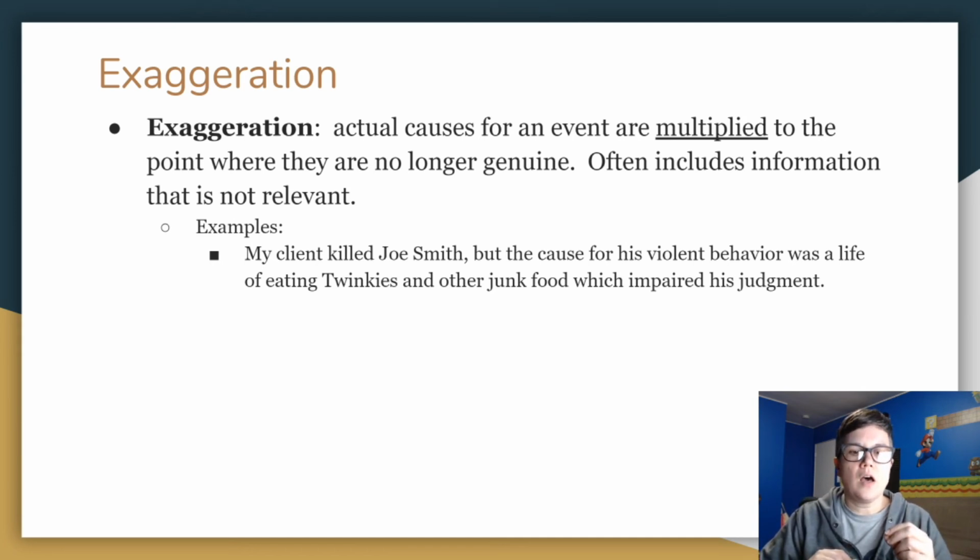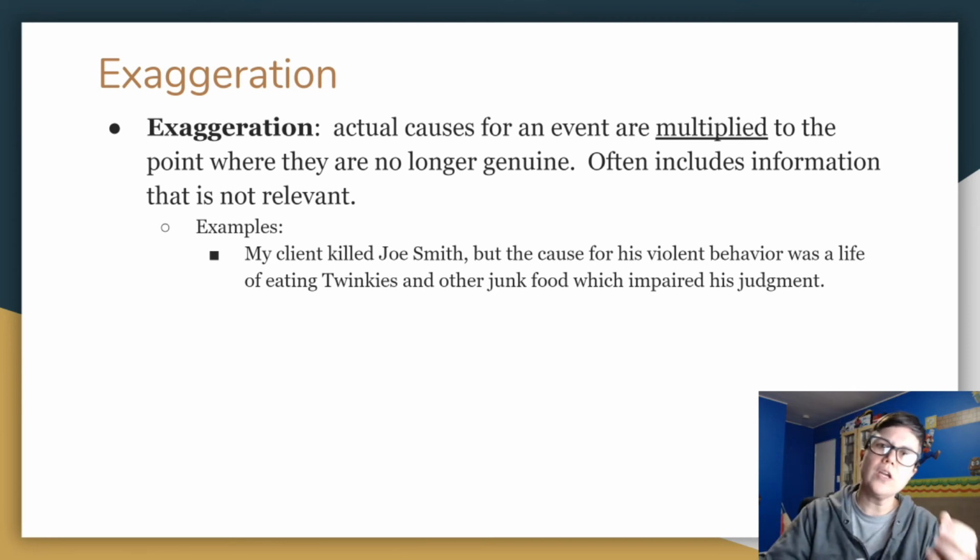So if somebody decided that they were going to vandalize the cafeteria, I might say their reasoning for doing that is because they hate the school, they are bullied, they don't like the food served in the cafeteria, which could all be valid reasons. And then I start to throw in things like, and because it was raining, and because they hate Mondays, and so they did it on a Monday, and the moon was in a certain phase, and that caused them to destroy the cafeteria.